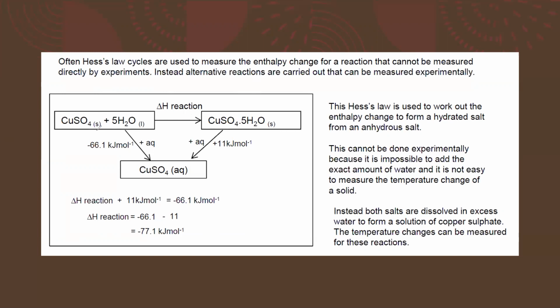If you have solid copper sulfate, we add water to dissolve it and make an aqueous solution. The energy is given as minus 66.1 kilojoules per mole. And for hydrated copper sulfate, the energy is given as 11 kilojoules per mole.